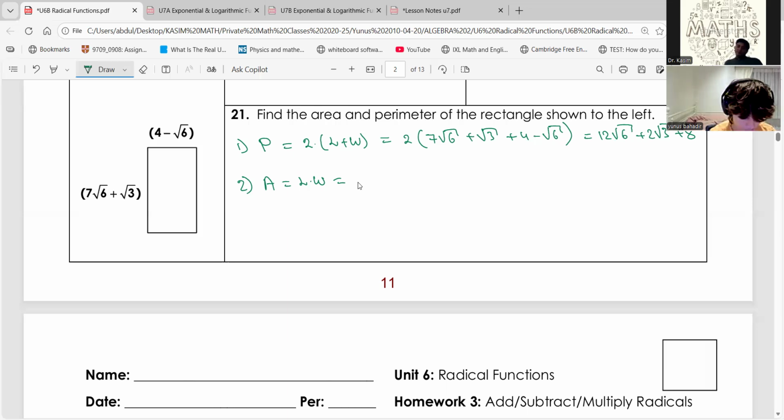Yes, Yunus. Okay. I have a lot of numbers here. Yeah, it's okay, fine. Okay, let me simplify this.